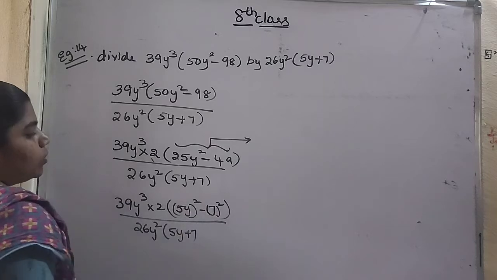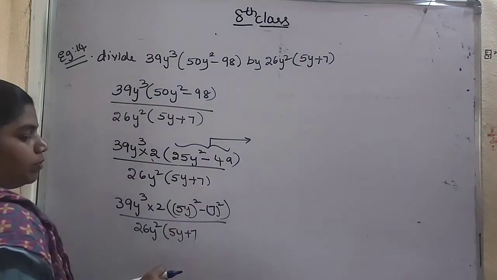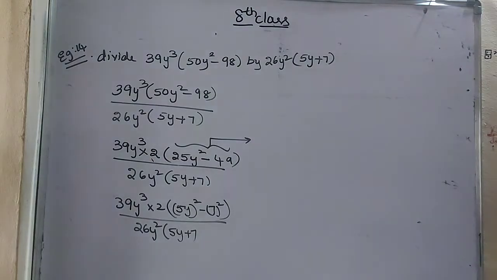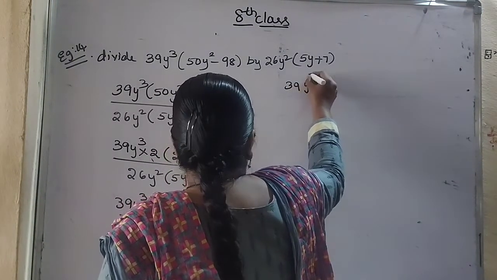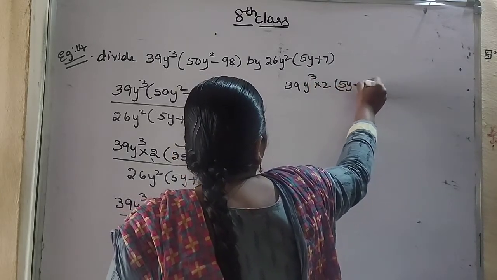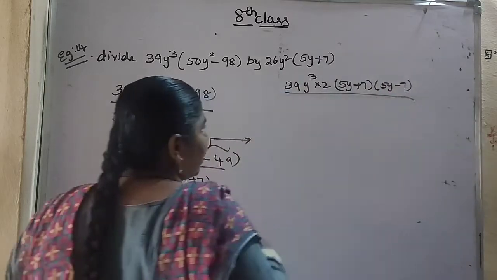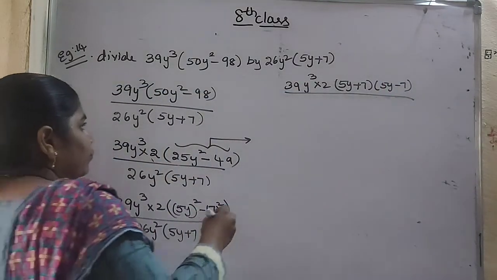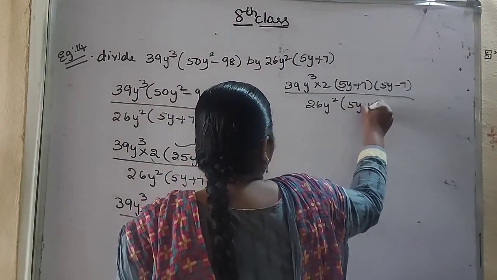So this is in the form of a square minus b square. A square minus b square means we can write it in the form of a plus b into a minus b. So we will write 39y cube into 2 into 5y plus 7 and 5y minus 7. I have converted it using the identity, by 26y square into 5y plus 7.